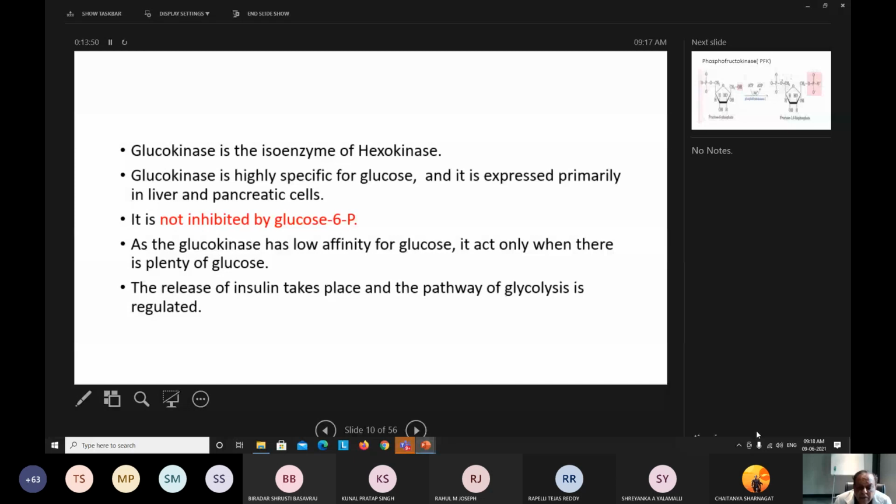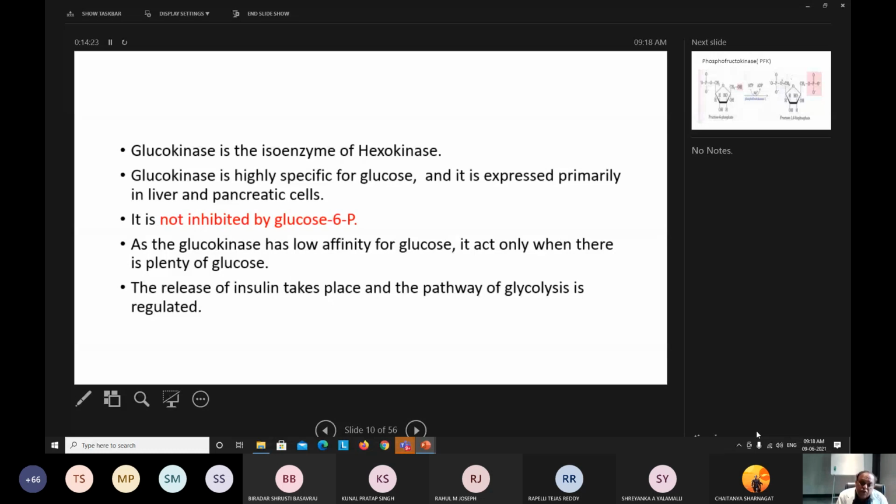And another thing, the action of glucokinase takes place only when a high amount of glucose is in the reaction. At that time it gives the signal for insulin to be released and synthesized, and then the action of insulin takes place. So insulin is released and the pathway of glycolysis is regulated.